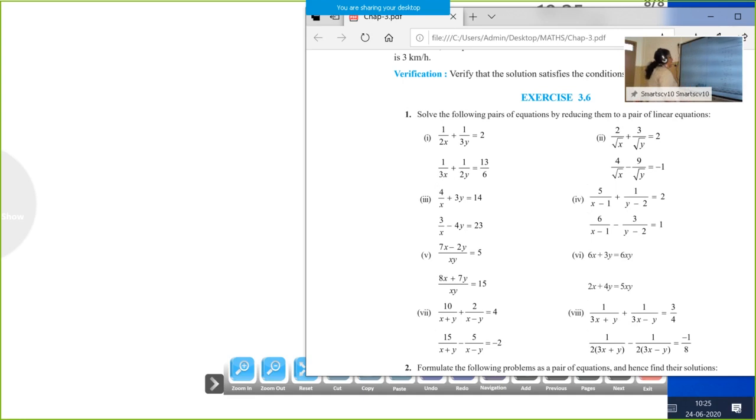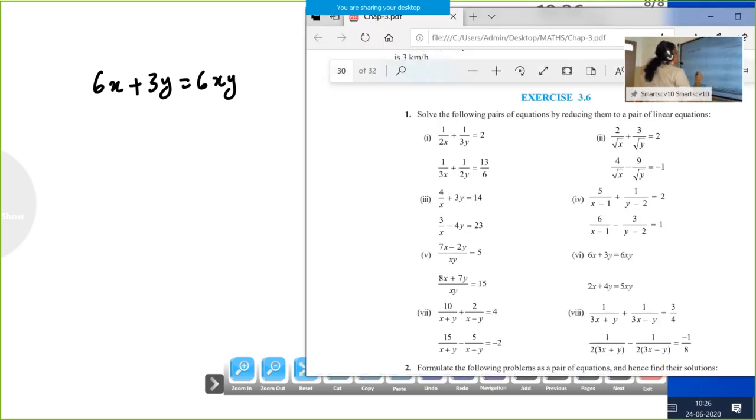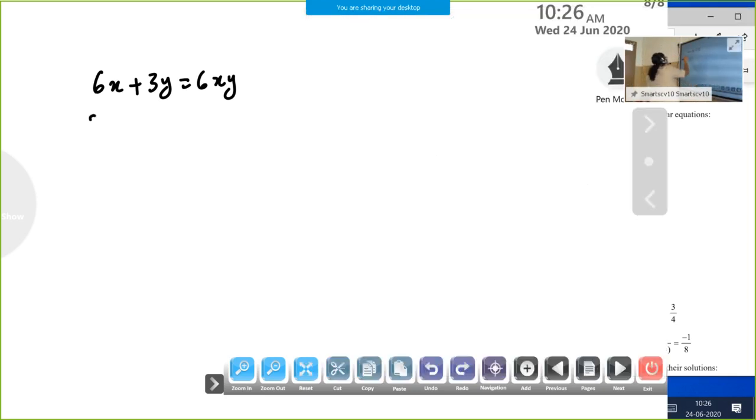Question number 6: 6x plus 3y is equal to 6xy. And the second equation, 2x plus 4y is equal to 5xy.